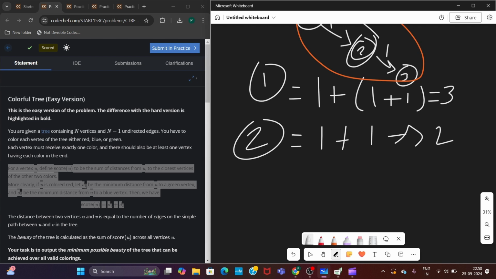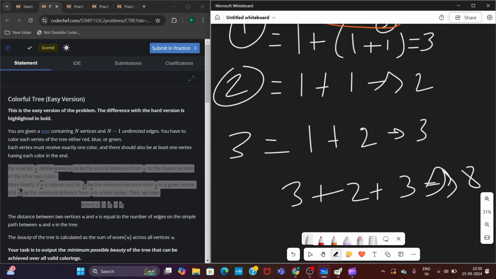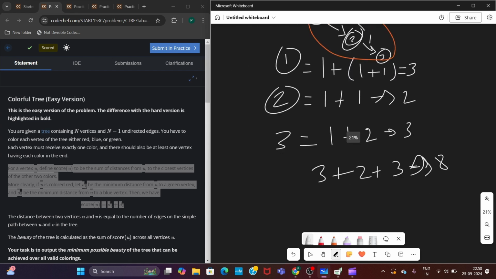Then from 3 to 2 our distance is 1, and from 3 to 1 our distance is 2, so the total will be 3. Now we have to return the total answer, 3 plus 2 plus 3, which is 8. So we have got our answer as 8 in this case.